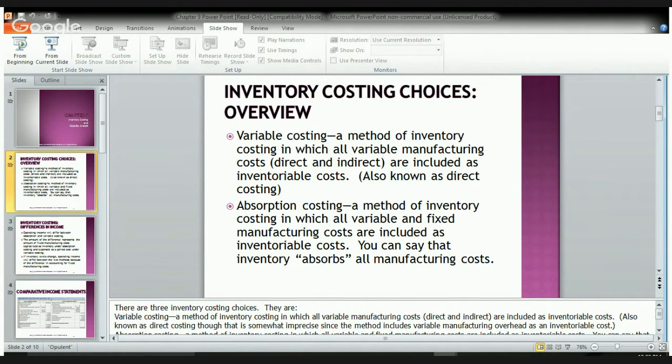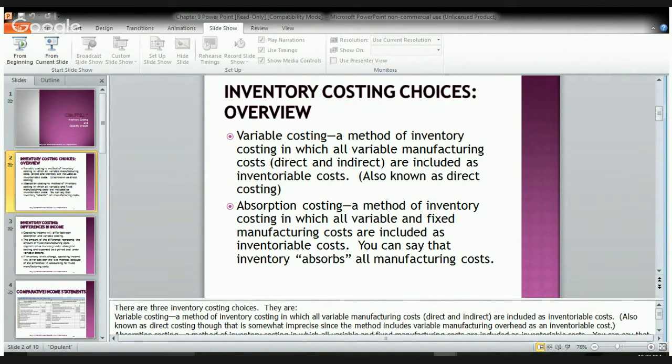For the allocated fixed manufacturing costs, I take $135 times 8,000 units, and that gives me 1,080,000, which, if you notice, is the same as over here, so we still have the same amount of fixed manufacturing costs.